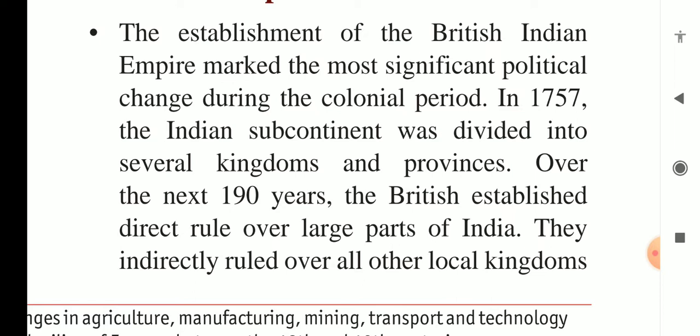Why is the year 1757 discussed over here? Because we'll see that the Battle of Plassey was won by Britishers. That was the first major victory of the British in India against the Mughals. That is why they started controlling Indian territory from 1757, and for the next 190 years.